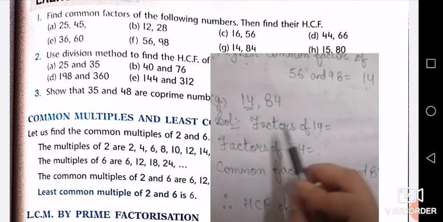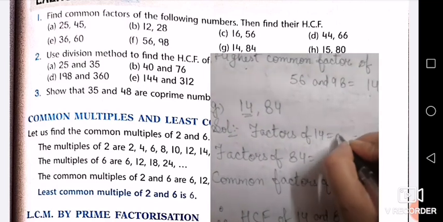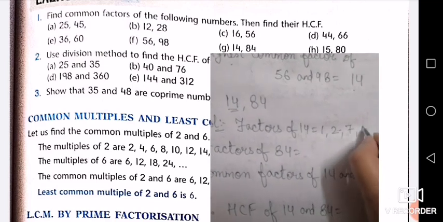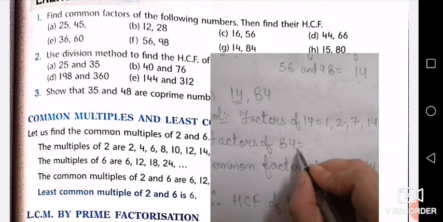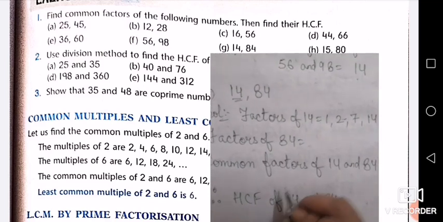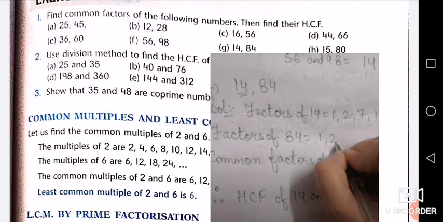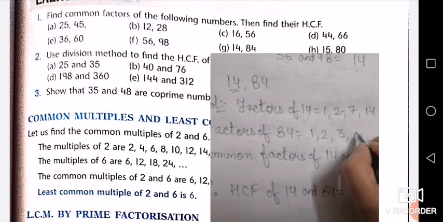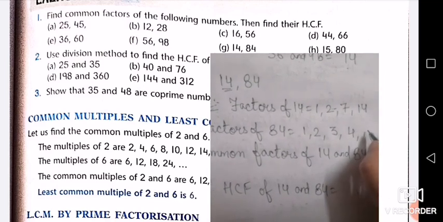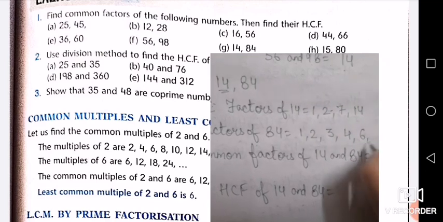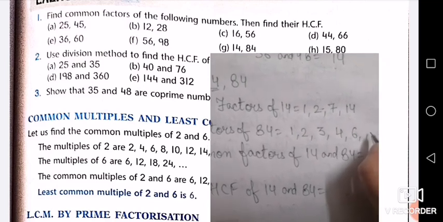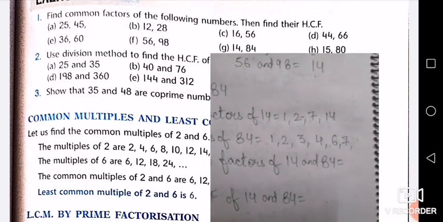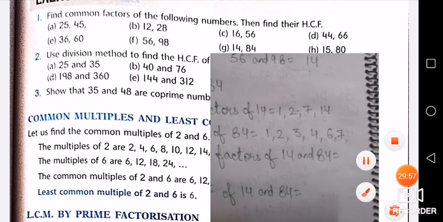Here you will find the factors of 14 first, which are 1, 2, 7, then 14 itself. Similarly, we will write the factors of 84 also: 1, 2, then 3 is also a factor of 84, then 4, 6, 7, and just like this you will write down all the factors of 84.